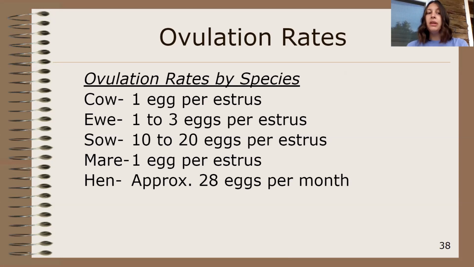A mare, which is a female horse, will typically release only 1 egg per estrus. Horses are pregnant for a very long time. It's also considered much more high risk if a female horse has more than 1 foal, or baby horse.